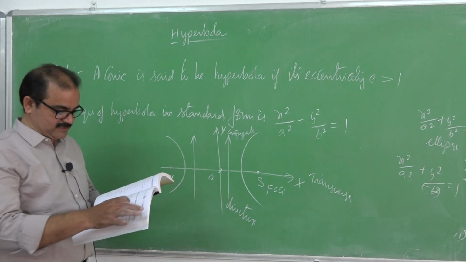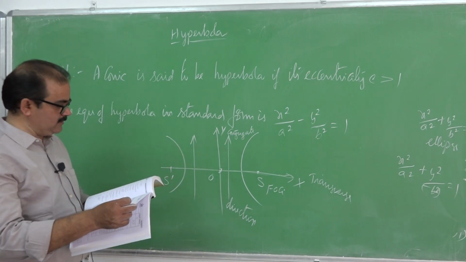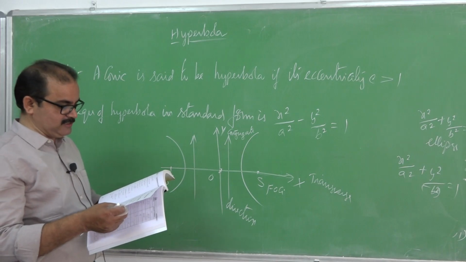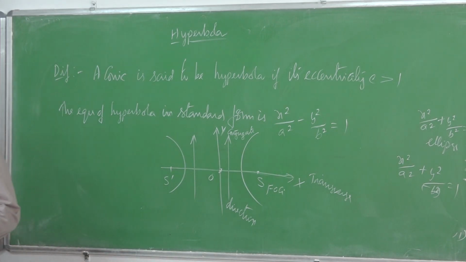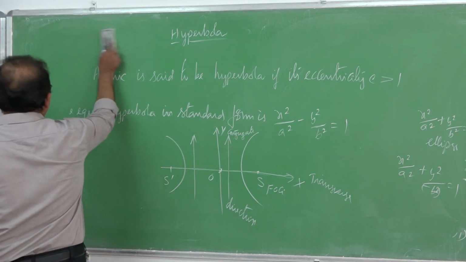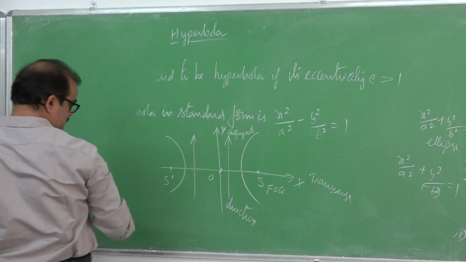Here also we discuss foci, directrix, vertex, all these formulas in tabular form. So all of you write the table. First you draw this diagram.